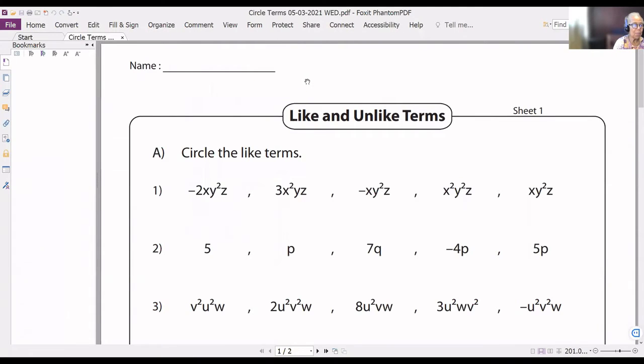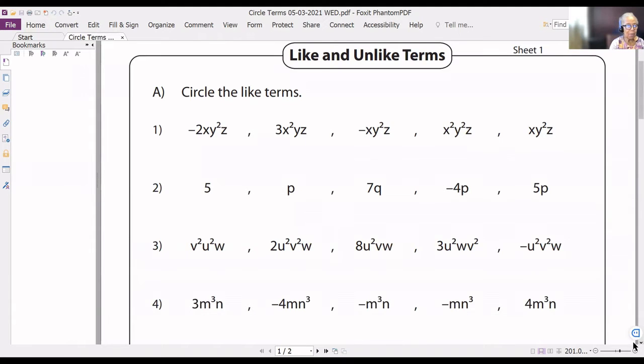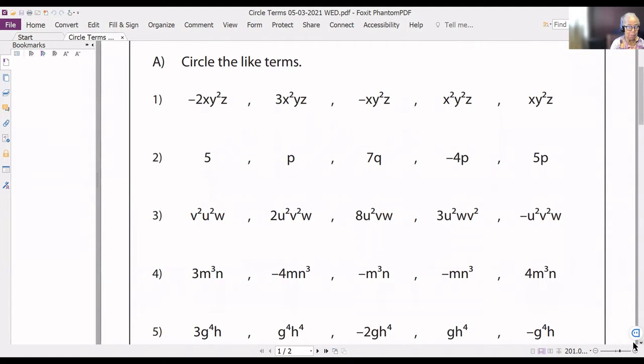Okay, so let's look at our like terms. For them to be alike, they have to have the same variables and the same power.